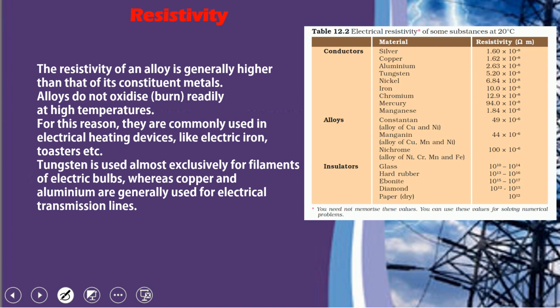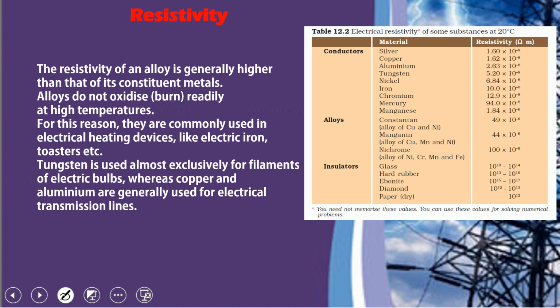Constantan's resistivity is 49 into 10 raised to minus 6, which is greater than that of copper as well as nickel. So the resistivity of the alloy is always generally greater than that of the constituent metals. Take care, it is a give reason, very important.